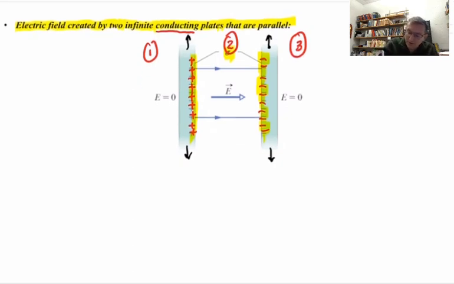Now let's work first in region 2. Let's figure out the net electric field, magnitude and direction, in region 2.